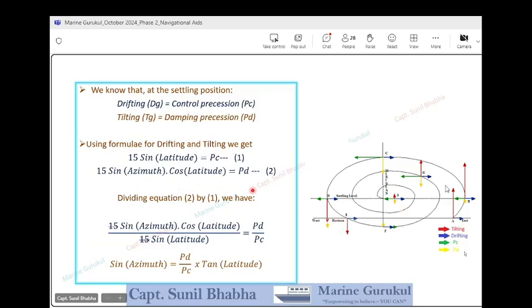It is equal to the damping precession, which we represent as PD. Now we have these two equations in front of us. What we are going to do is divide equation number 2 by equation number 1. And as we do it, we get the relationship 15 degrees sine of azimuth cos of latitude divided by 15 degrees sine of latitude is equal to PD upon PC.